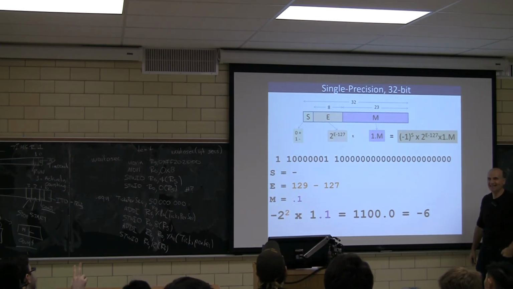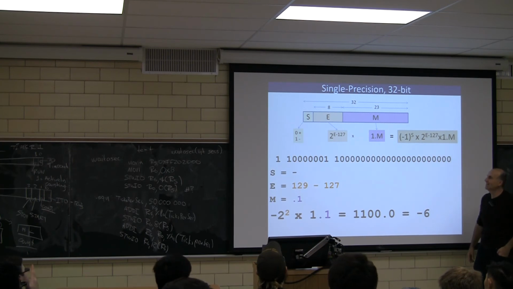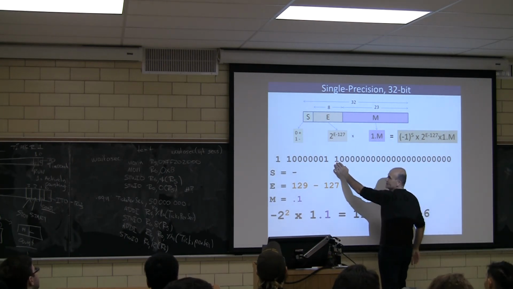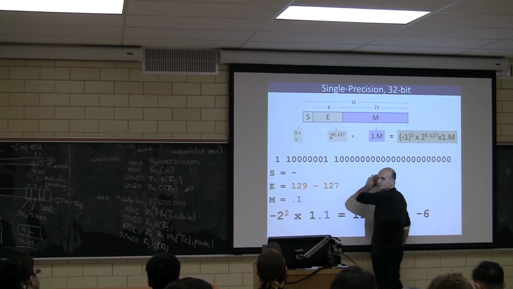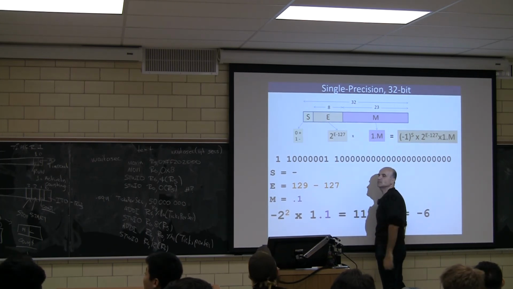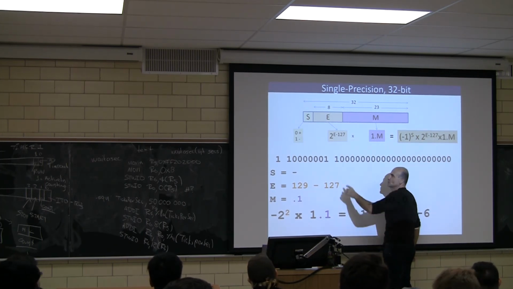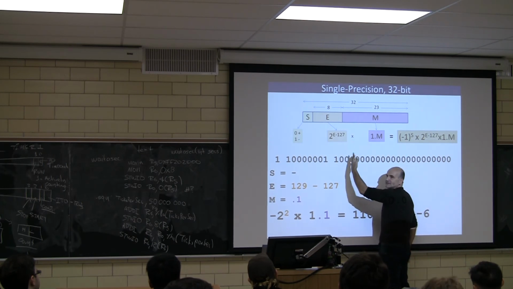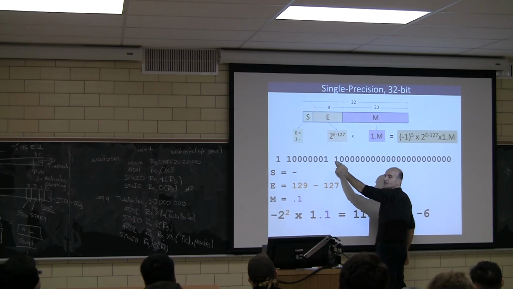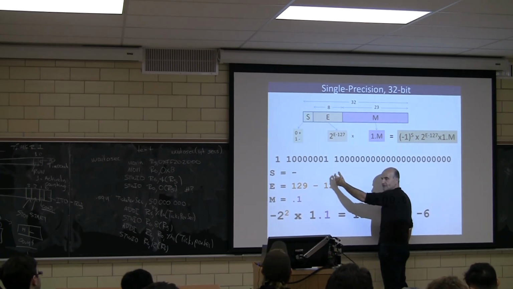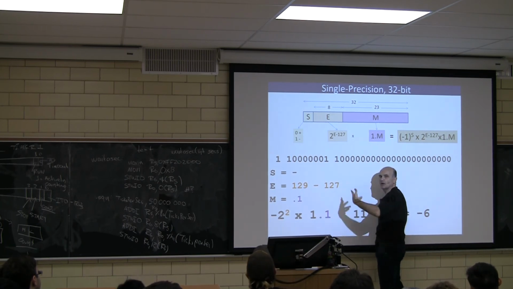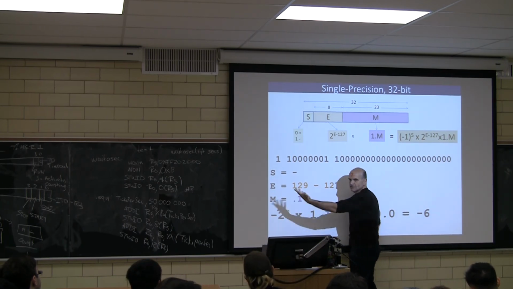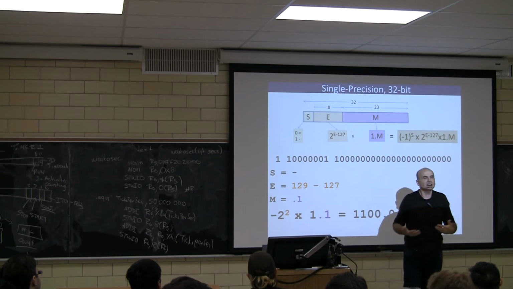So the mantissa is flipped, the smallest number is on the left? You write 1 point this, whatever that is, and you interpret it in binary. So it's 1.5 in decimal, because this is 2 to the minus 1, 0.5. There's a 1 that's implied, 1.5. 2 to the 2 times 4, you get 6 and minus.